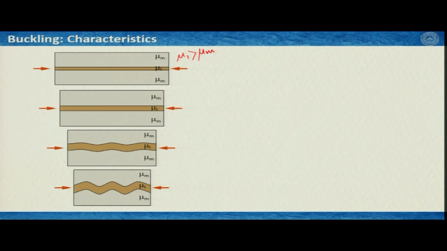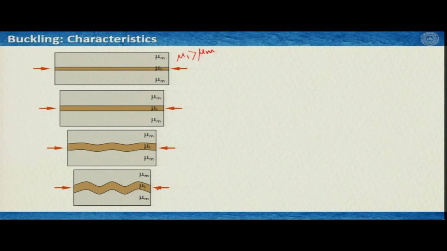The layers would shorten homogeneously, the strain is distributed within the layers, and the entire system would shorten along the compression direction. Now, at one point of time, these wavelengths would appear and they further tighten with continued deformation.